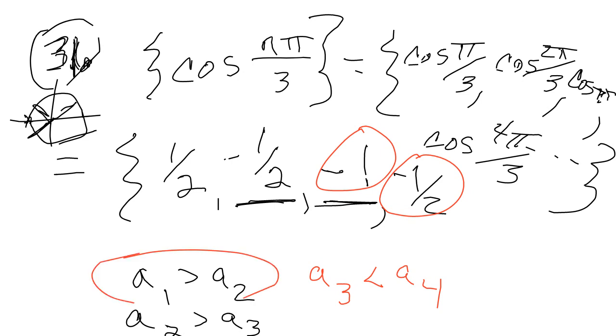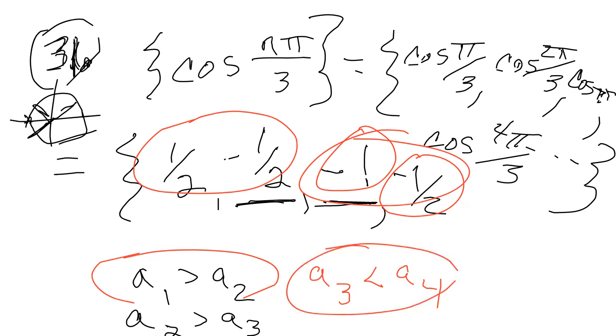So we have this term greater than the next term, but then in a different spot we have this term less than that term. So anyway, this is contradictory here.